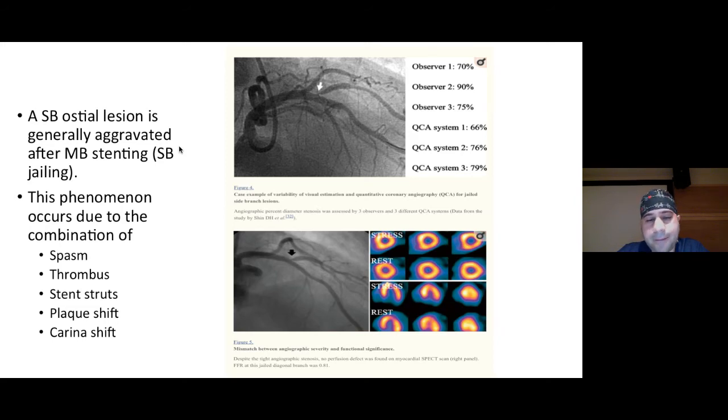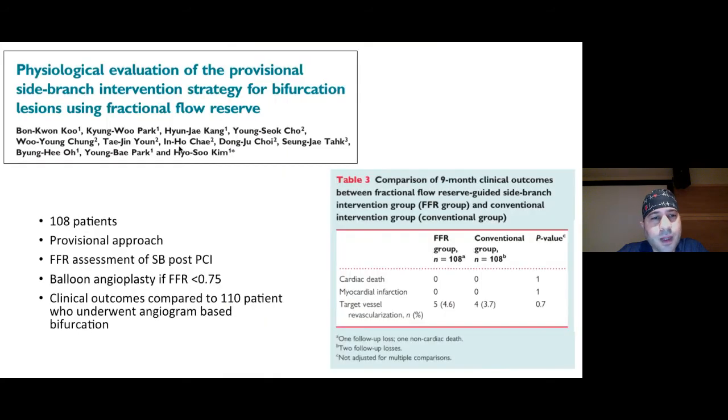If you look at the data for using FFR to guide bifurcation strategy treatment, there isn't a lot of data, but this is one of the big studies, on physiological assessment of provisional side branch intervention strategy for bifurcation. This was done in South Korea. They had 108 patients in a registry trial for provisional approach PCI.